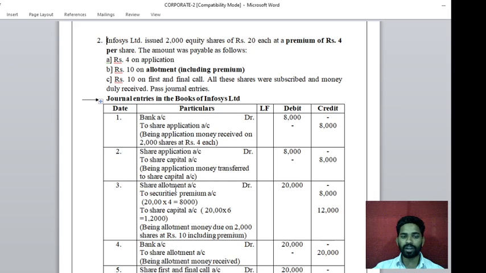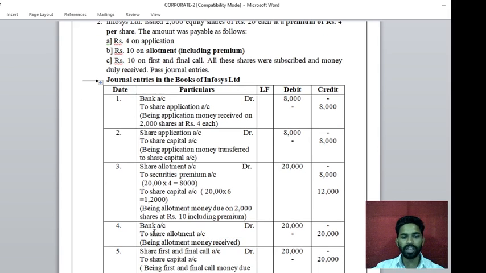Share allotment account debit rupees 20,000 to securities premium account credit rupees 8,000, because the premium value is rupees 4 on each share and 2000 shares are there, so rupees 8,000. And to share capital account credit rupees 12,000, which is 2000 into 6. After receiving these amounts they are transferred from the share allotment account.